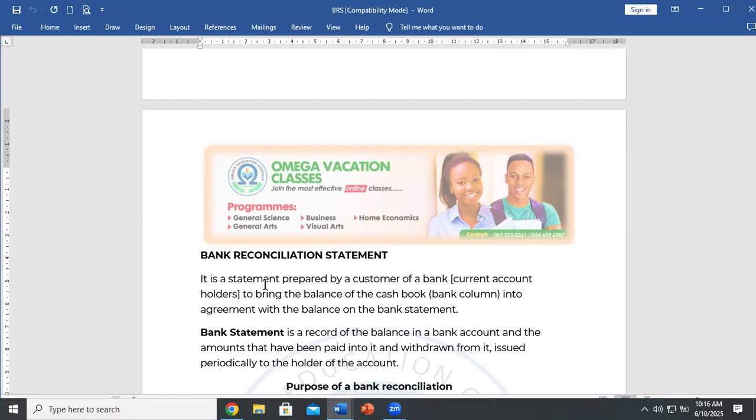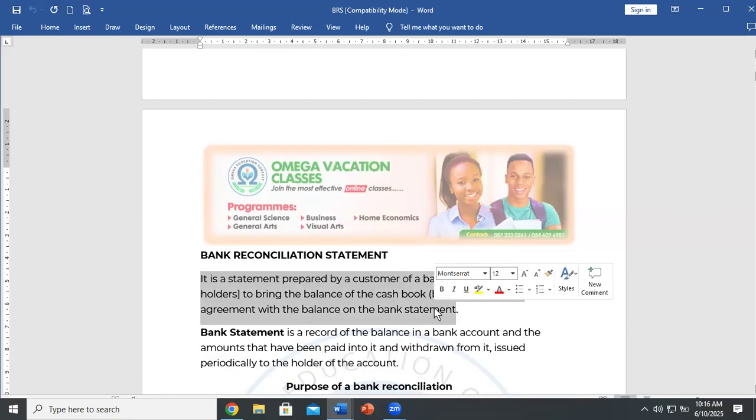It is a statement prepared by a customer. So it's the customer that prepares the reconciliation, not the bank. It is the customer who prepares it to bring the balance of the cash book bank column into agreement with the balance on the bank statement. That is a bank reconciliation statement.